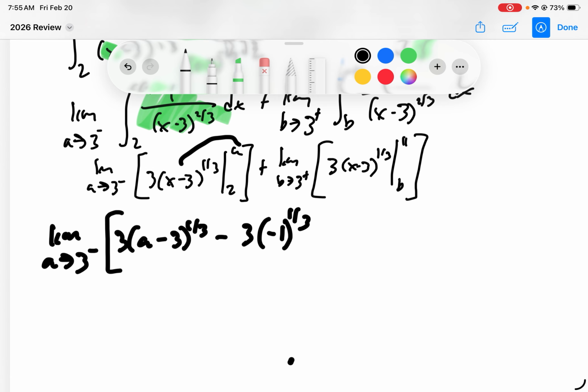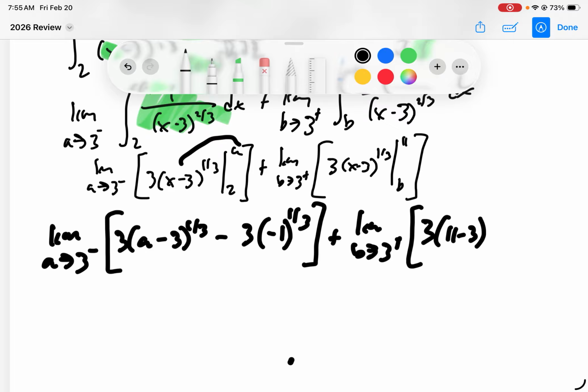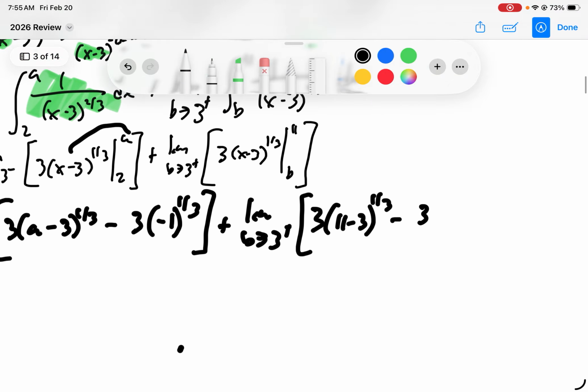This is like a cube root. Exponent 1/3 is cube root. Okay, I'm going to add this to the limit as b approaches 3 from the right of 3 times (11 minus 3) to the 1/3 minus, now plug in b.